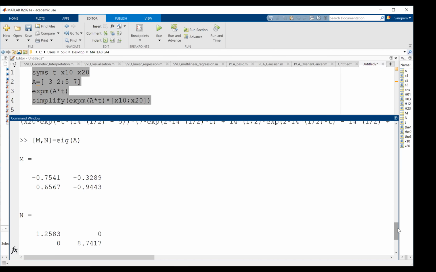And I want you to tell me, what is this? This is 1.25, 0, 0, 8.74. Please try this and tell me if you get the same answer.